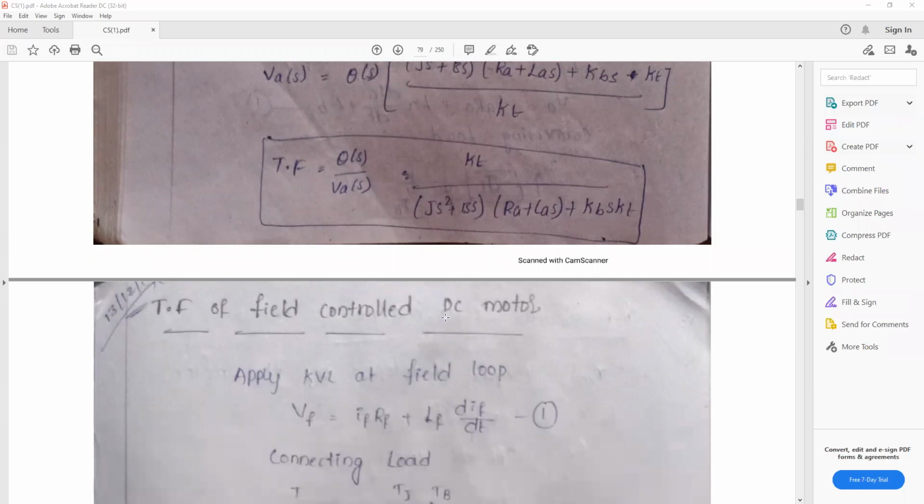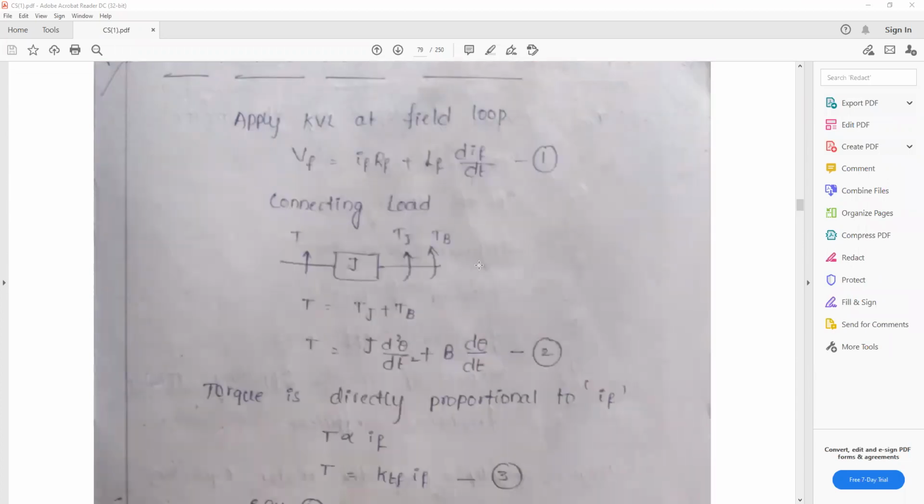Next, the transfer function of field controlled DC motor.